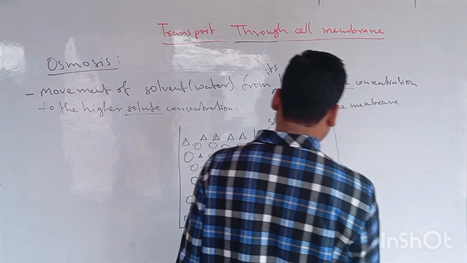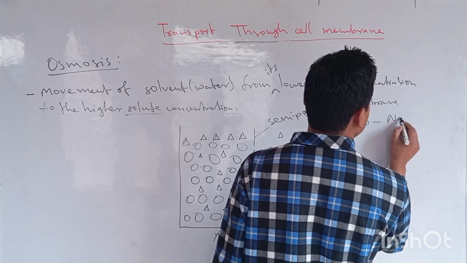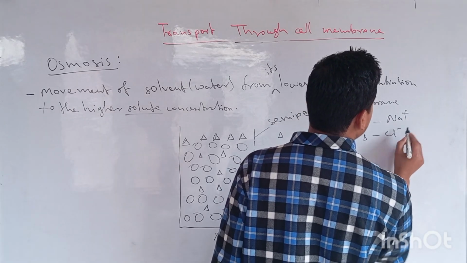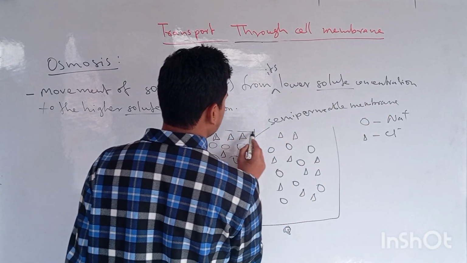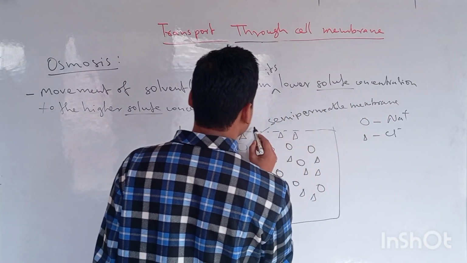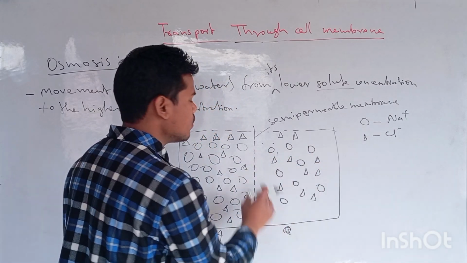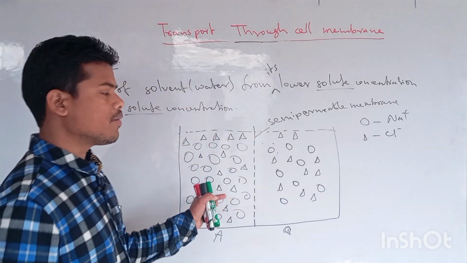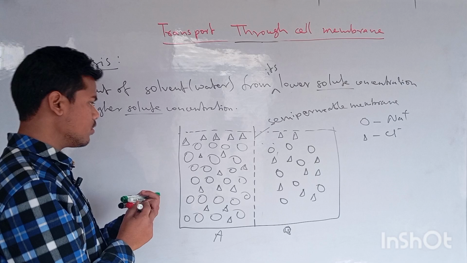Now, let's suppose this circle is sodium and this is chloride. This sodium and chloride are dissolved in water. Let's suppose all these are water molecules. In both compartments there is water.